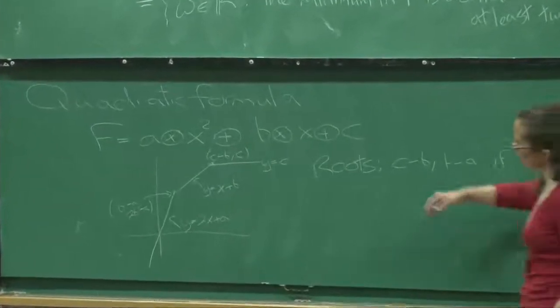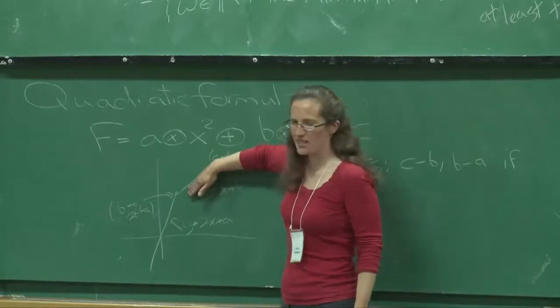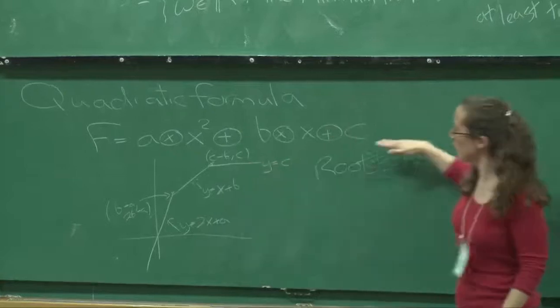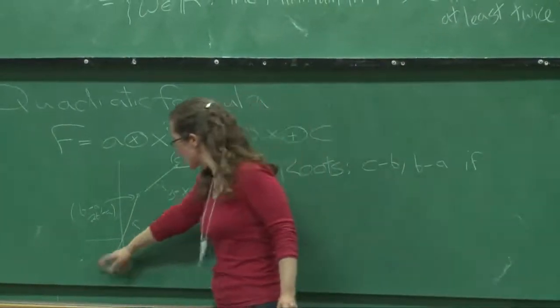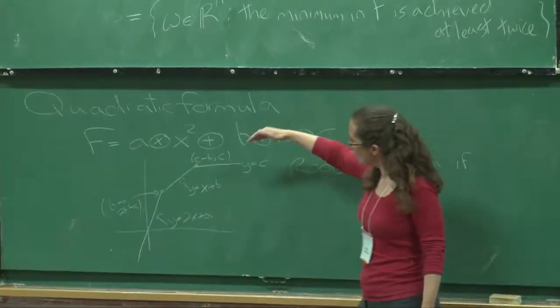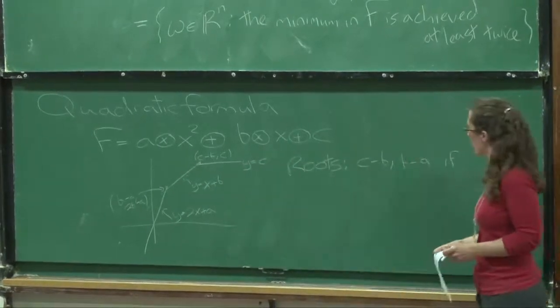If you do the algebra, what do I mean by my picture being correct? That means that this piece actually exists. Okay, if you draw it, you can see eventually for large x, y equals c is the smallest. For very small or large negative x, y equals 2x plus a is the smallest. But whether this piece actually shows up depends on the relative size of a and b.